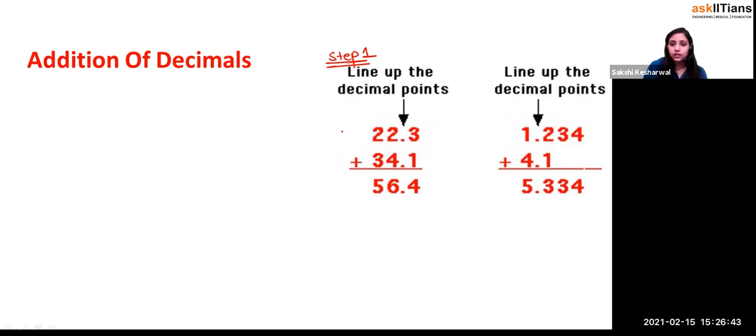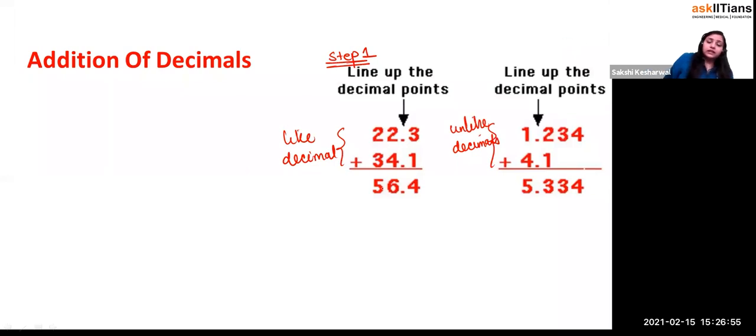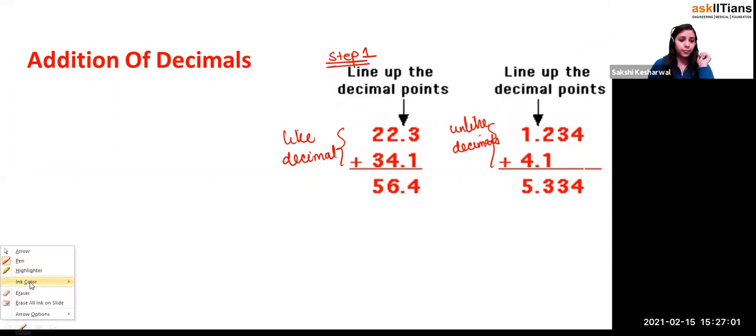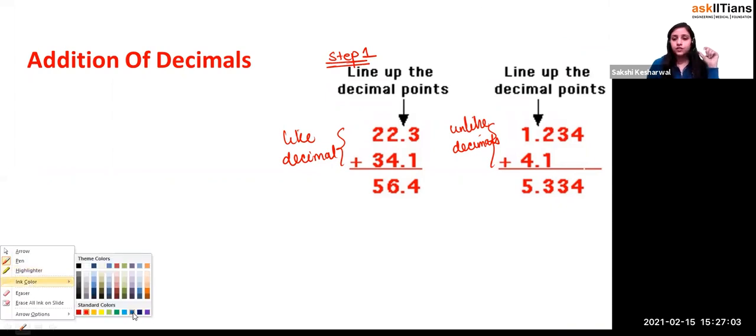Over here you see these were like decimals, and this one is unlike decimals. So in addition of decimals, you first have to line them up. I'll just use a different color. You line it up.